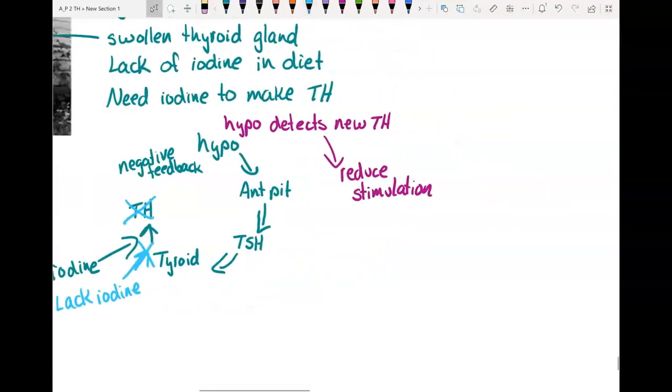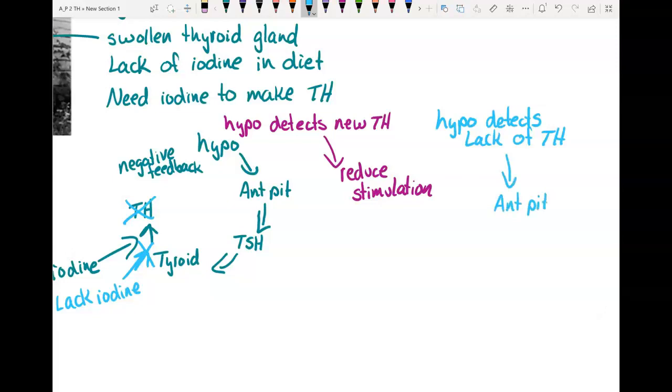So your hypothalamus detects a lack of thyroid hormone. So then your hypothalamus is like, what's going on here? We need some thyroid hormone. So it stimulates your anterior pituitary. And it tells it to secrete more TSH, which then goes to your thyroid. Well, if there's no iodine, there's nothing your thyroid can do about it. You still just sit there and not have thyroid hormone.